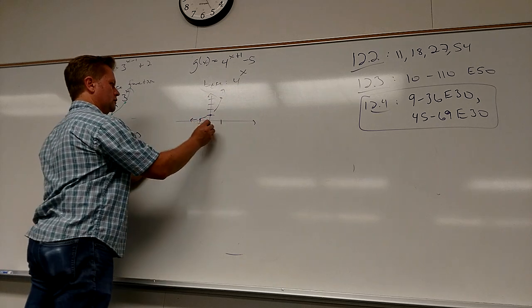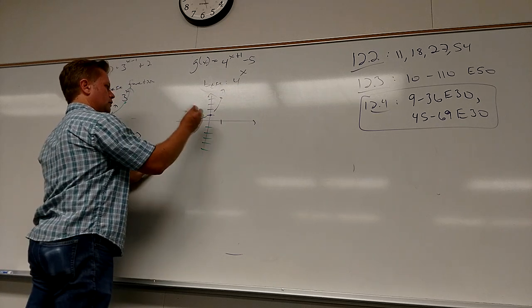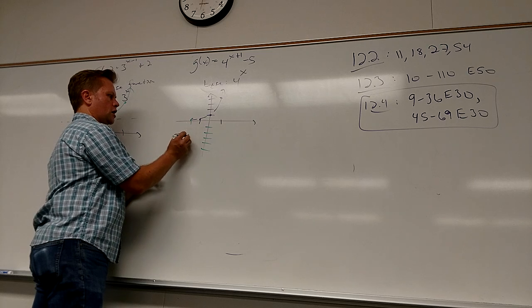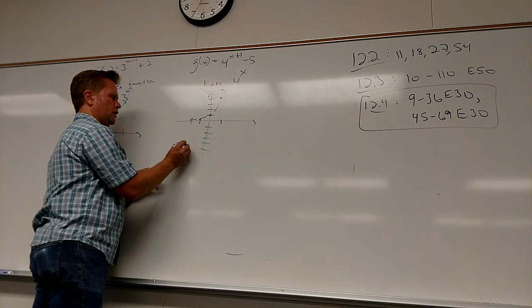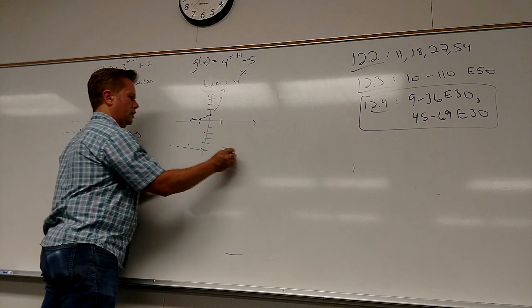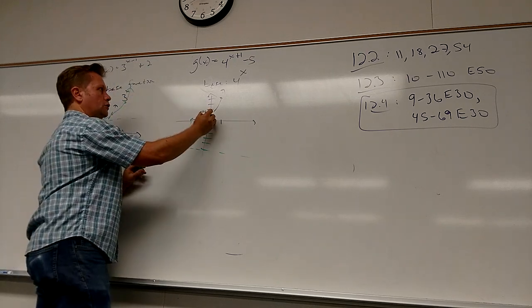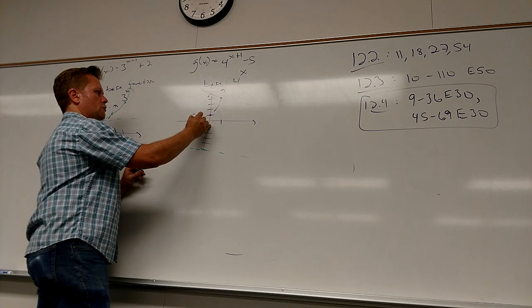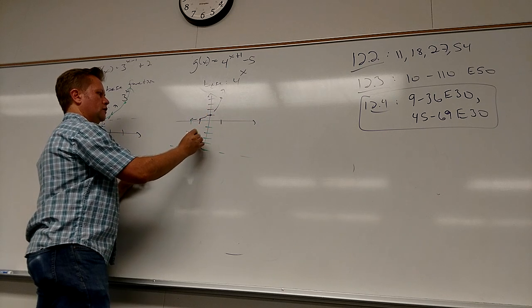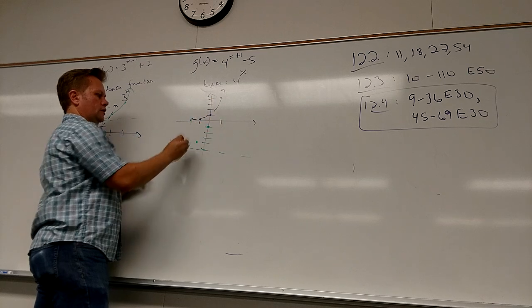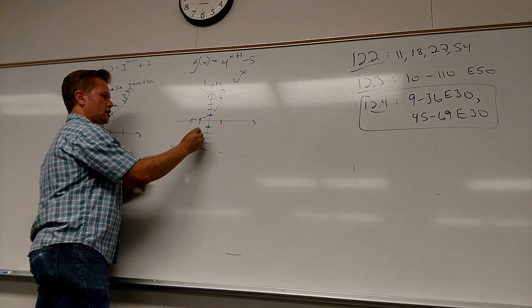So I move every point to the left 1, down 1, 2, 3, 4, 5. So right about there. That's going to be where the asymptote is now, because the asymptote is going to move down 5. I'm going to take that one and do what? Back 1, down 1, 2, 3, 4, 5. This one, back 1, down 1, 2, 3, 4, 5. And now there's my graph.